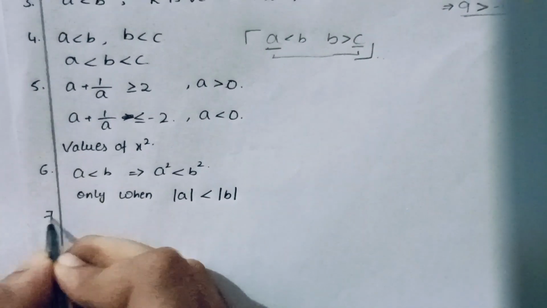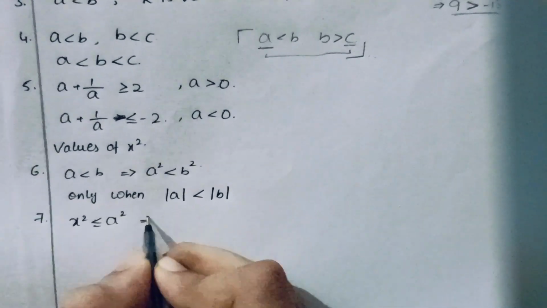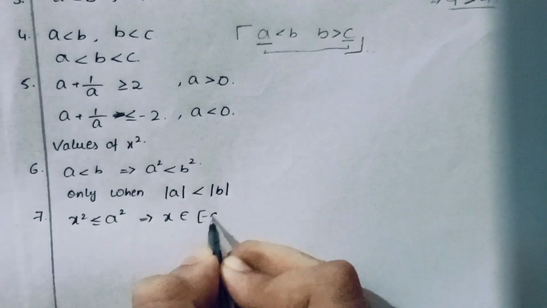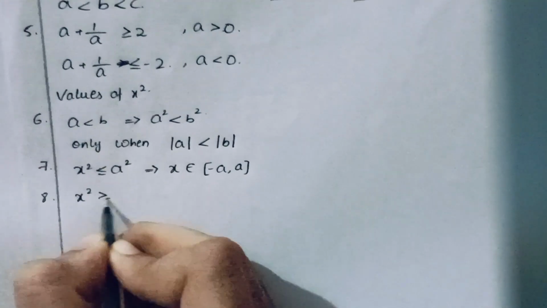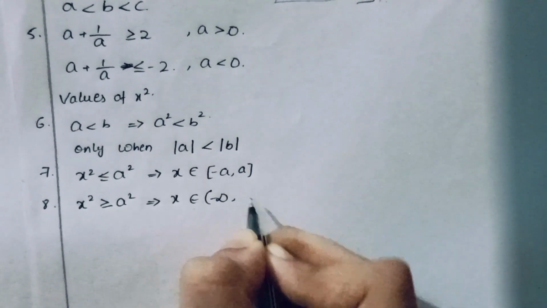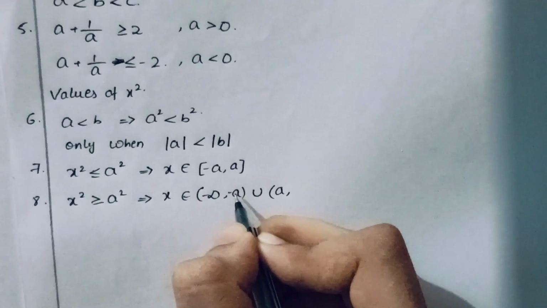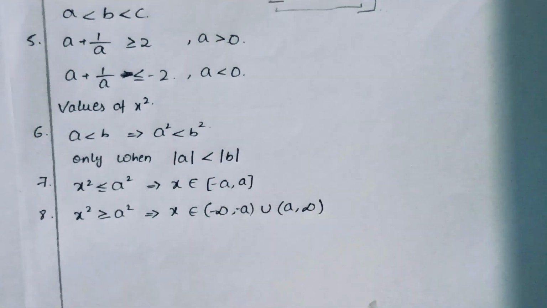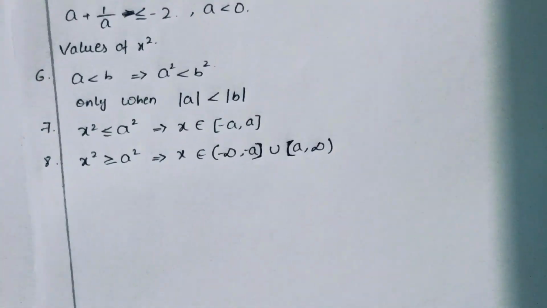Next, x square is less than or equal to a square, then x belongs to minus a to a. Next property, x square is greater than a square only when x belongs to minus infinity to minus a union a to infinity. Here closed interval.